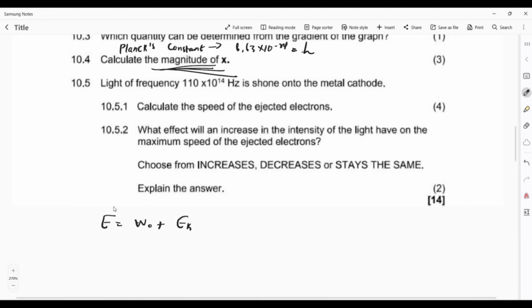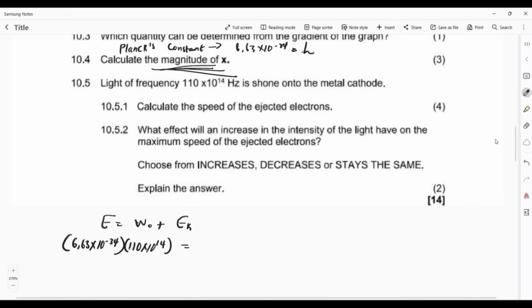In terms of the energy, you have the frequency. So on this side, you are going to say 6.63 times 10 to the power negative 34 multiplied by your frequency, which is 110 times 10 to the power 14.